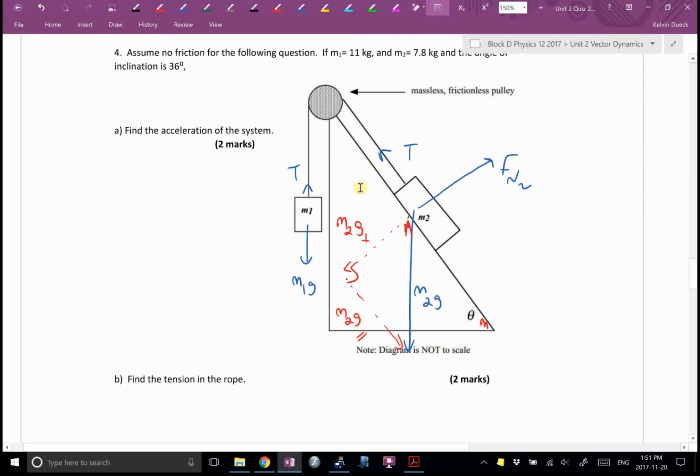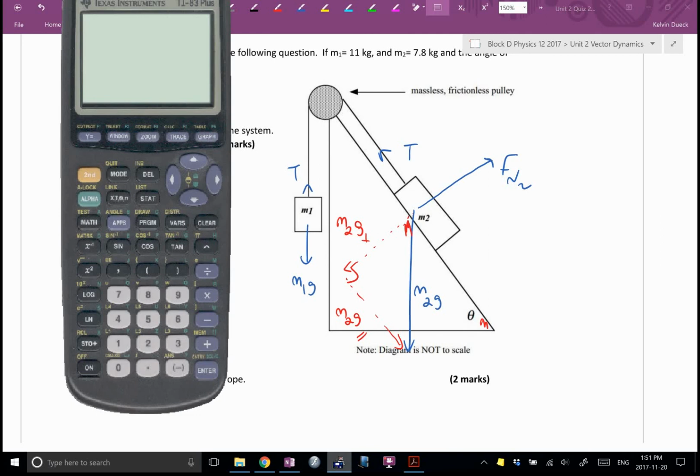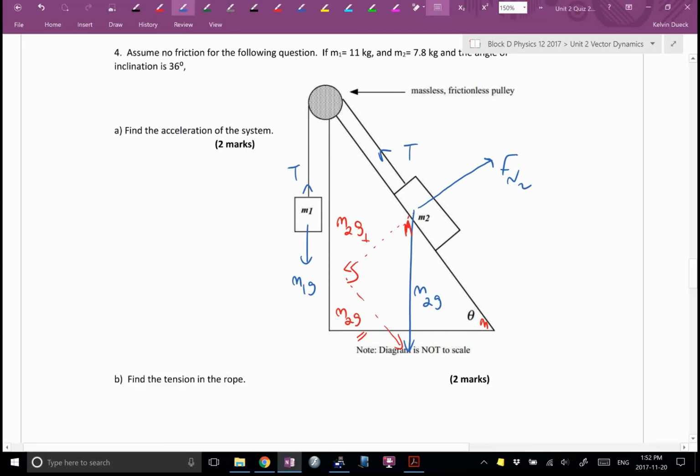So who's winning? I'm not sure. I can quickly compare though. I can compare M1G, which is 11 times 9.8, and I can compare M2G parallel, which is going to be 7.8 times 9.8 times cosine of, what's theta, Mr. Dewick, 36?